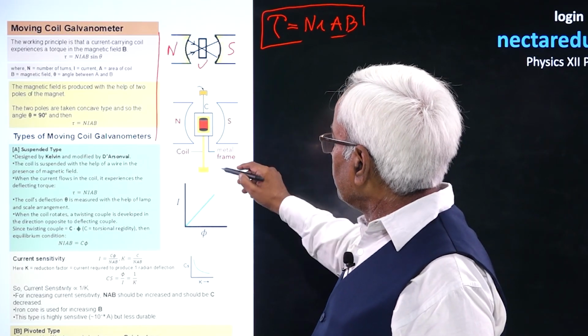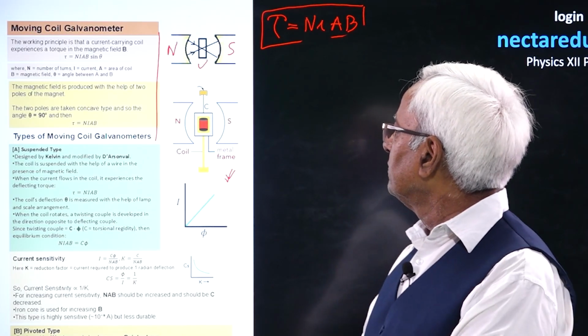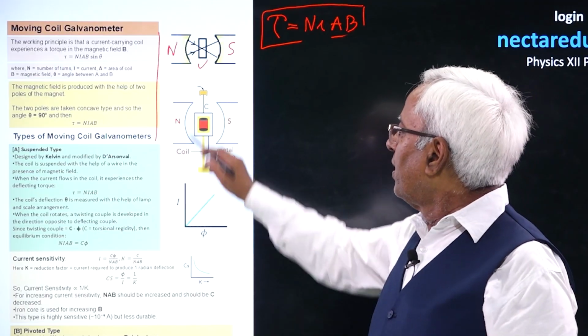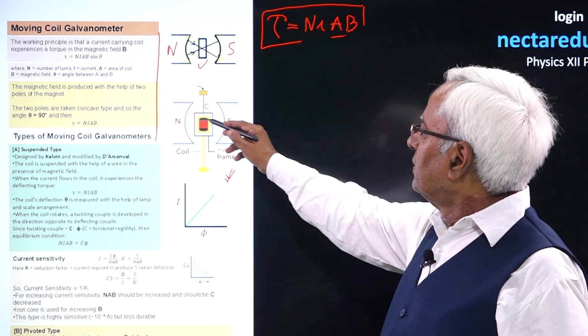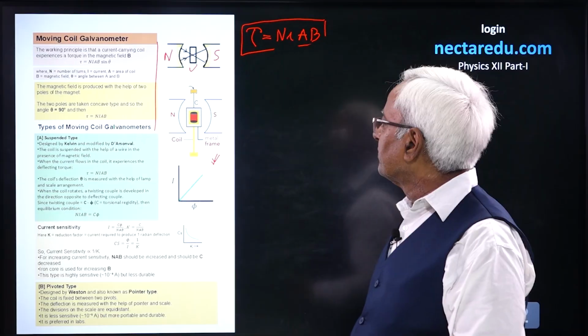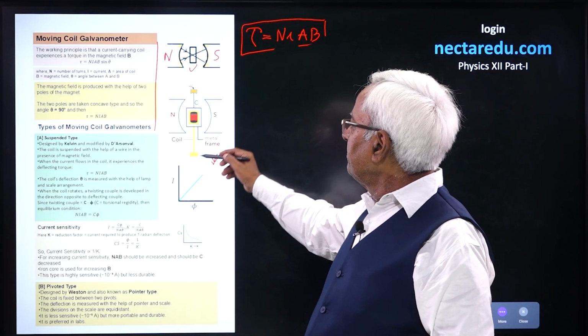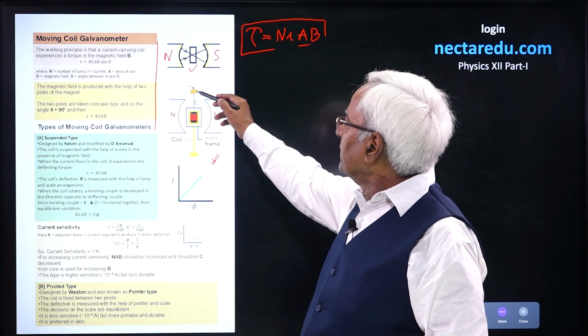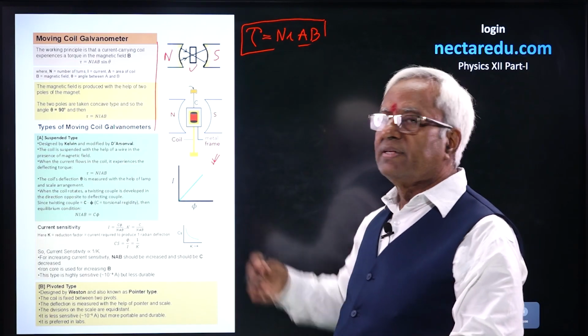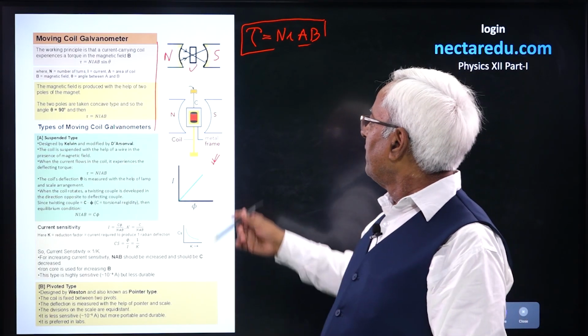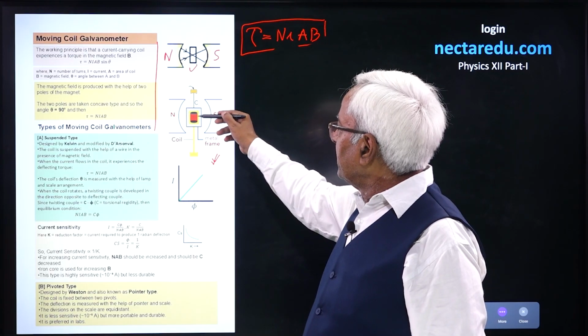Now focus over this. This is north, south, coil, metallic frame, and this suspension wire, and inside there is coil.